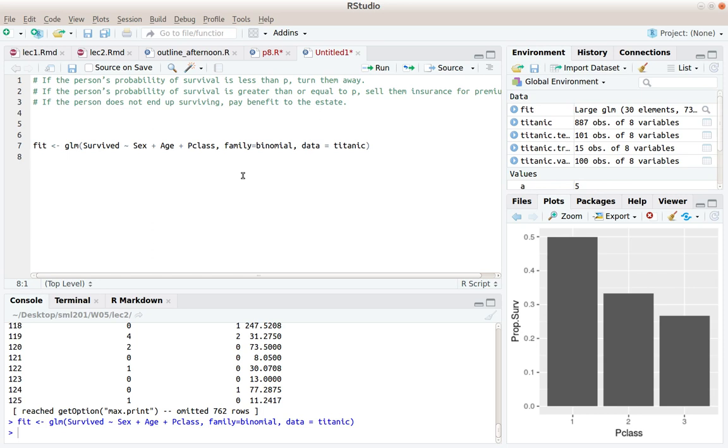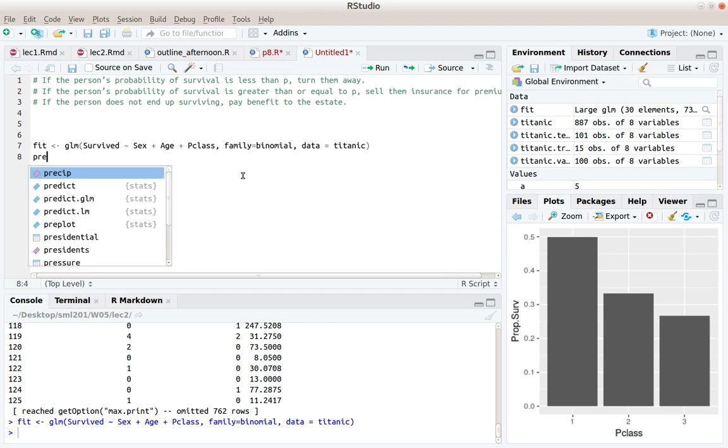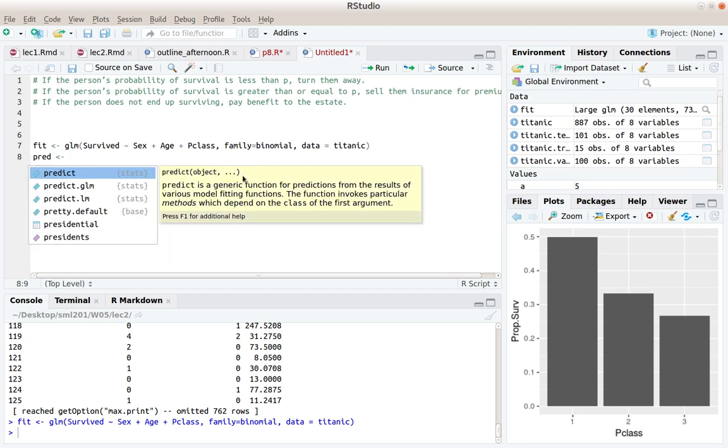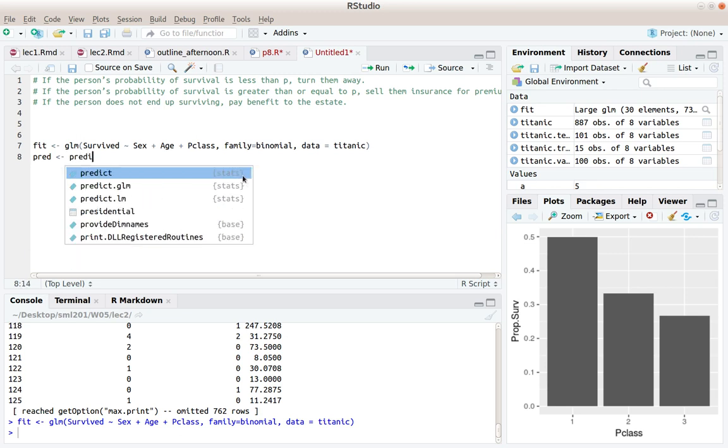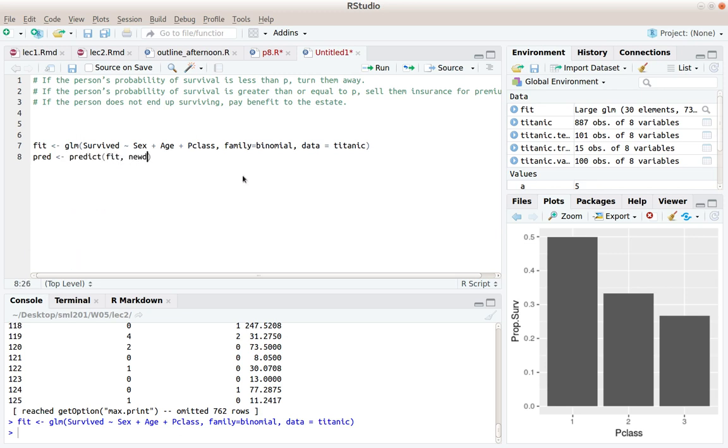What I want to do now is actually see how much I'm going to make or lose off of that. The first thing I need to do is make my predictions. So I'll put them in pred and I'll do predict fit, new data is Titanic still. Note that we're using the training set for testing, so that is kind of iffy, but we started doing this precept before we learned about the train validation test split.